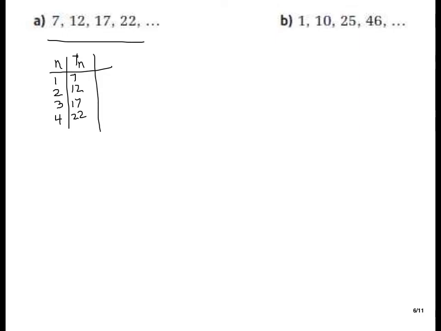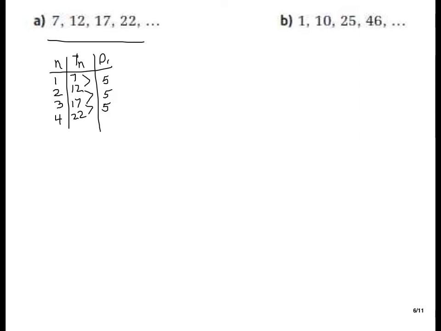Now the first differences, I call it D1, is going to be 12 minus 7, which is 5. Then 17 minus 12 is 5. Then 22 minus 17 is 5. Since the first differences are the same, it means that this is a linear relationship.